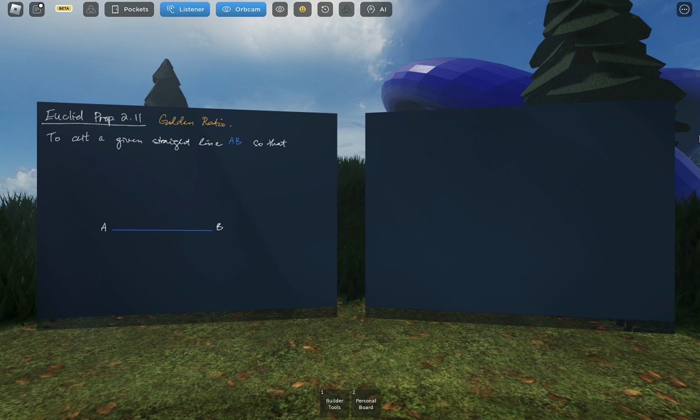the rectangle contained by the whole line and one of the pieces, so this is just going to be AB times, we'll mark it in later, is equal to the square on the other piece.